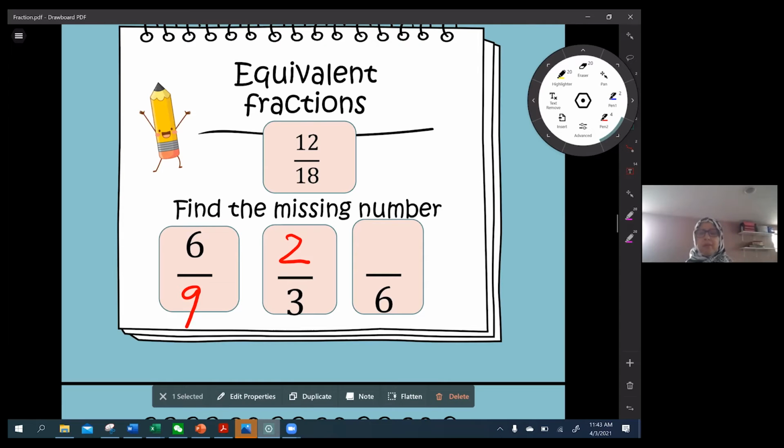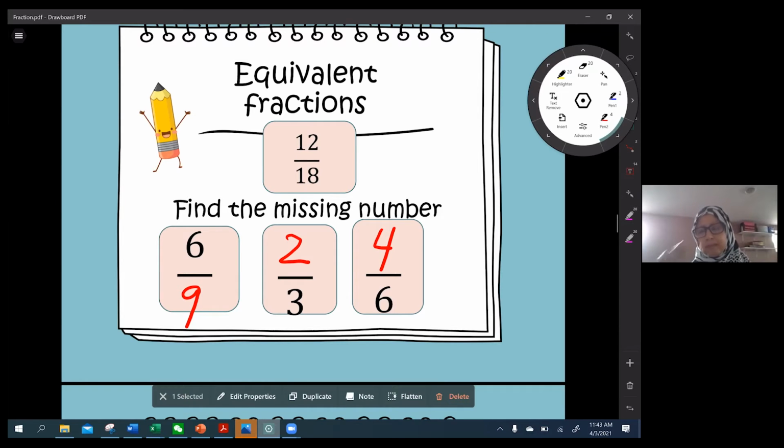Exactly. And I know the third one. It's 4 out of 6. Because 6 times 3 equals 18, so the numerator needs to be divided by 3 as well.